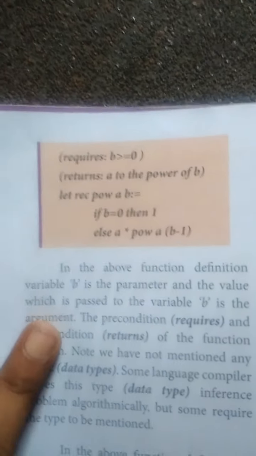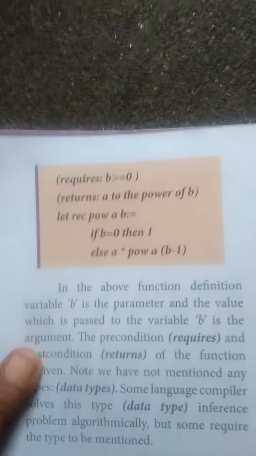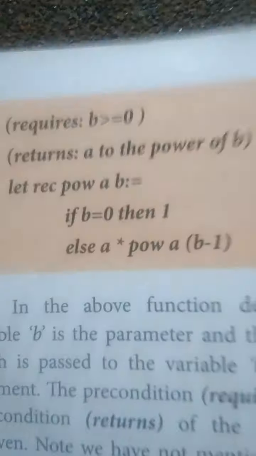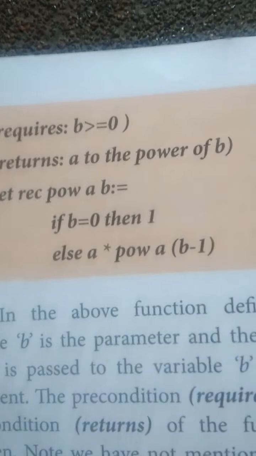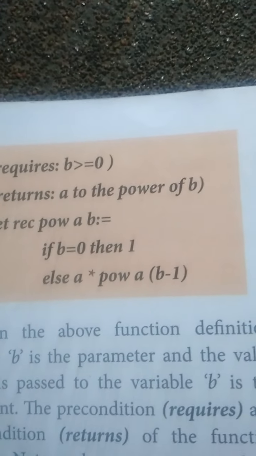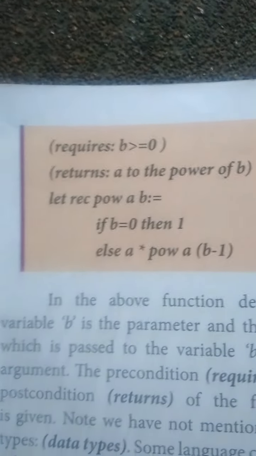I am going to give you a set of codings here. Requires b greater than or equal to 0, returns a to the power of b. Let rec power a b equals, if b is equal to 0 then 1, else a star power a (b minus 1).